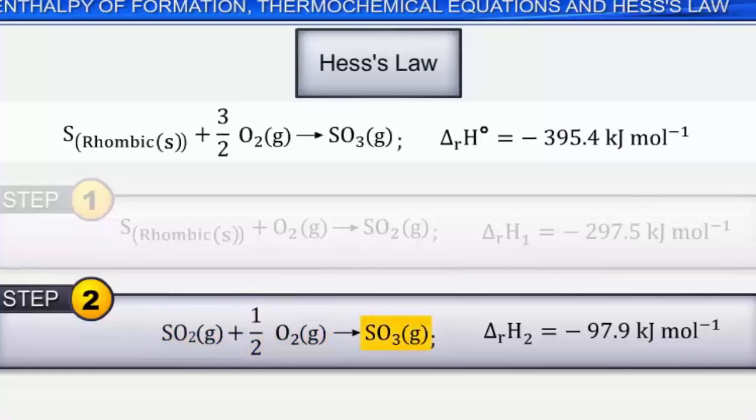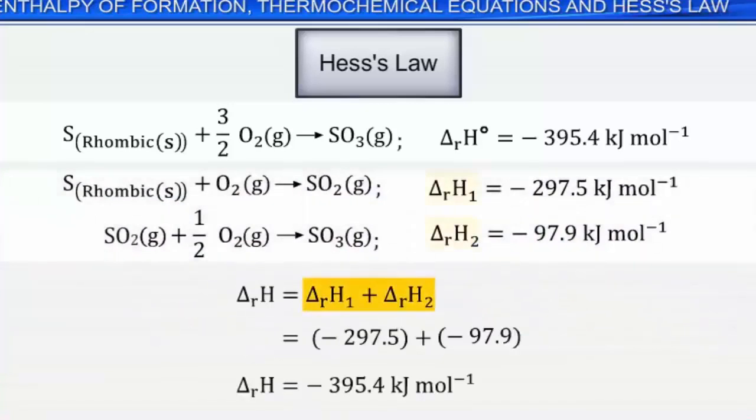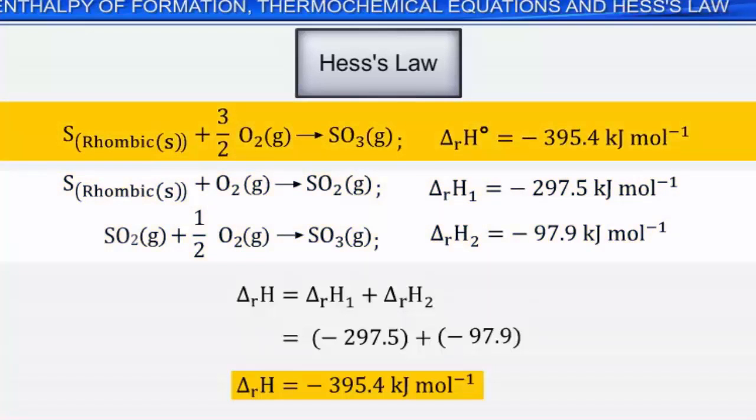The heat evolved during the chemical equation is minus 97.9 kilojoules per mole. If we add the heat evolved from both steps, we get minus 395.4 kilojoules per mole. Note that the amount of heat evolved through the two steps is the same as the amount of heat evolved in one step, thus proving Hess's law.